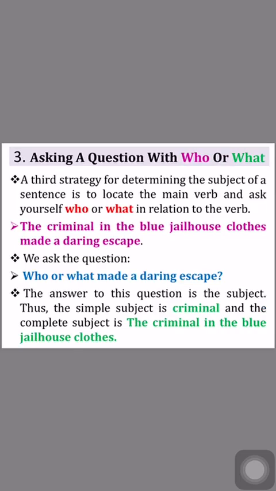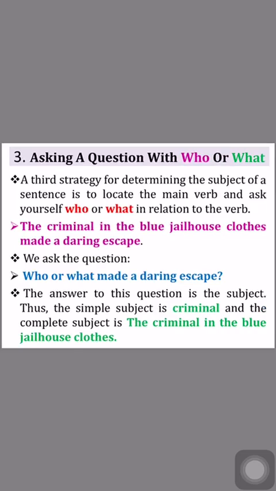So a third strategy for determining the subject of a sentence is to locate the main verb and ask yourself who or what in relation to the verb. So: the criminal in the blue jailhouse clothes made a daring escape.